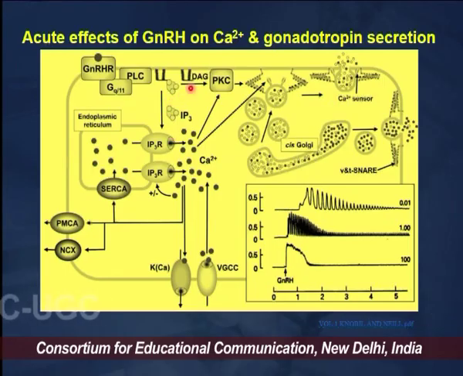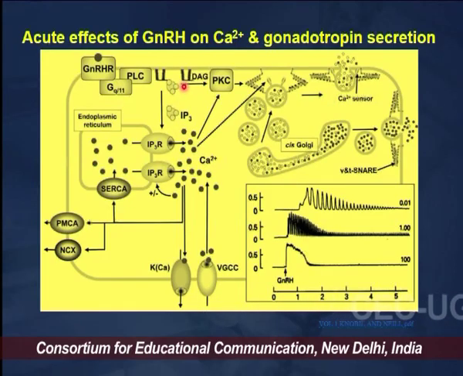DAG is diacylglycerol and IP3 is inositol triphosphate. So both of these, DAG and IP3, just like cAMP, are secondary messengers.